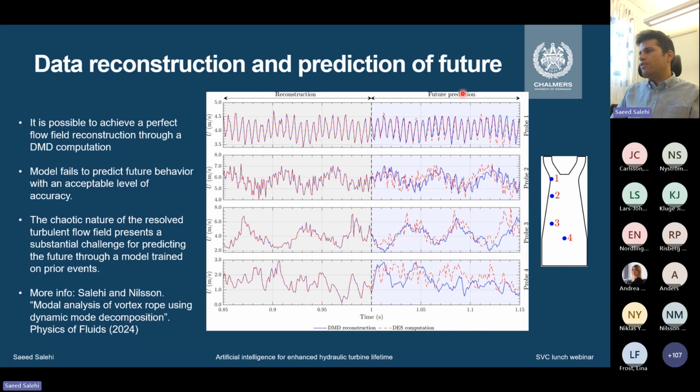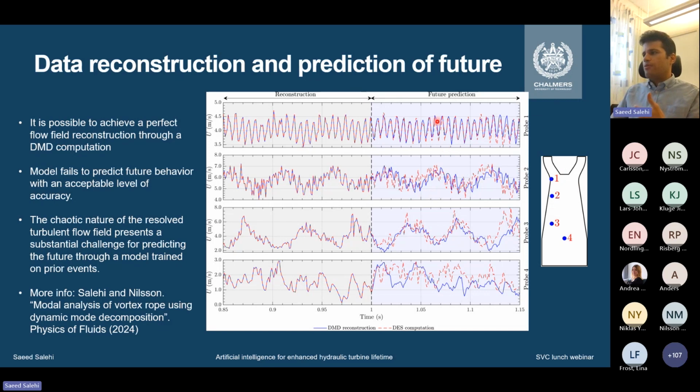So here we call future the data that is not used for the DMD. The data is only presented as CFD simulation. We can see that at different points in the test section, we have different levels of accuracy. The closer we get to the runner, the higher the accuracy of the prediction of the future.